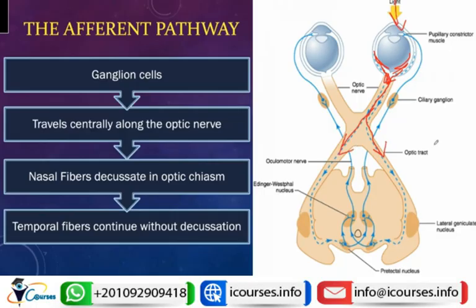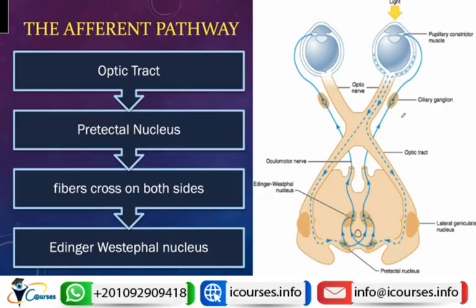So we know all this. What happens next? Then the light reflex will pass through the optic tract, then it will supply the pretectal nucleus.